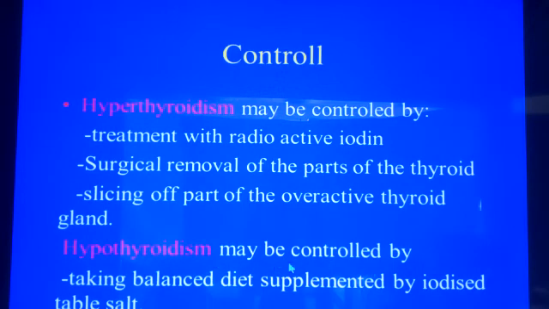This situation can be controlled by ensuring that we take a balanced diet that is supplemented by iodized table salt. Remember, it is always recommended that the table salt is prepared having some iodine in it. Of course, it is to check out this issue to do with goiter.